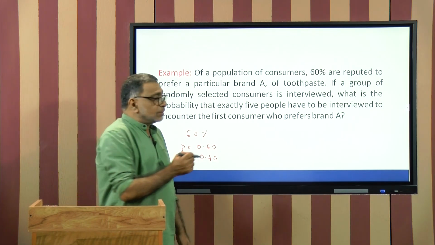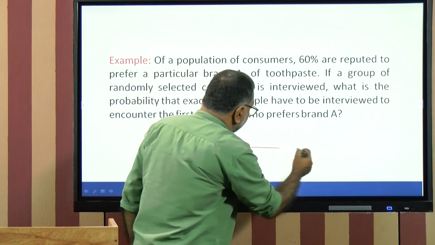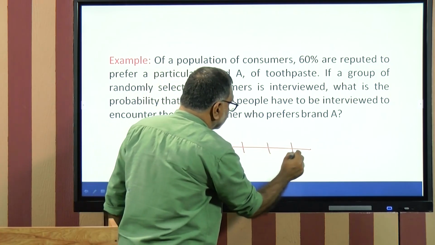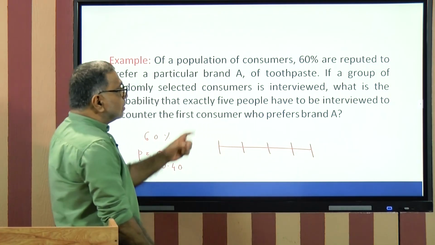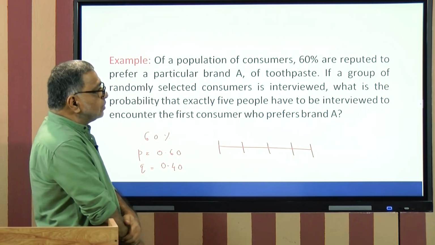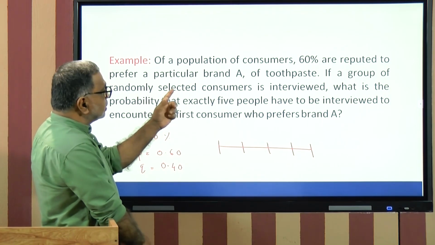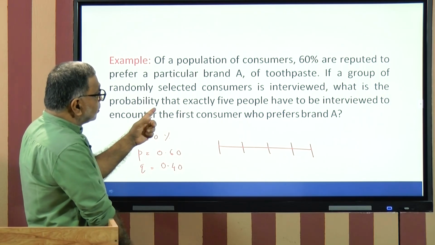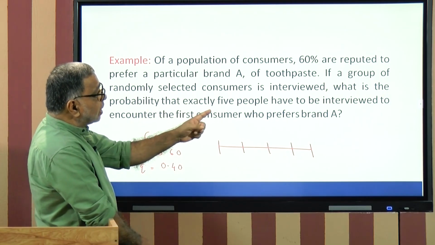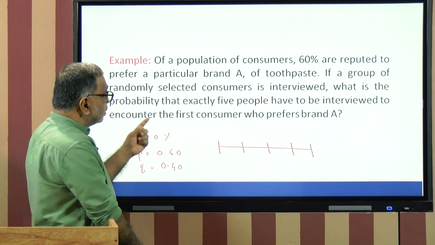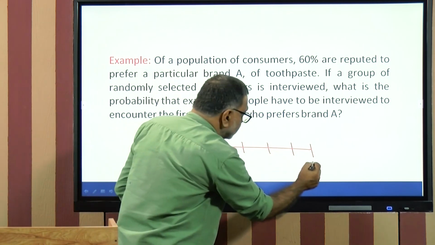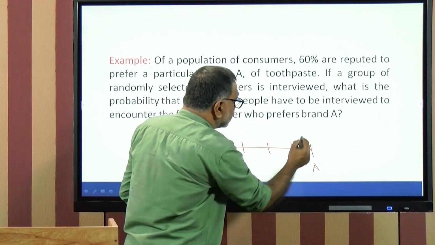Suppose the first person, second person, third person, fourth person, fifth person. We want the probability that exactly 5 people have to be interviewed to encounter the first consumer who prefers brand A. So, this is the person preferring brand A, the fifth person.